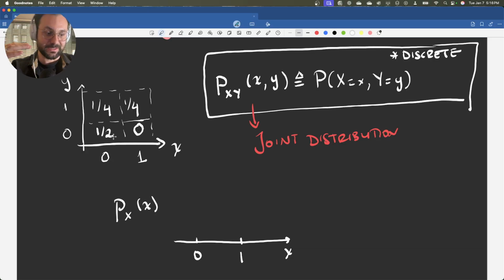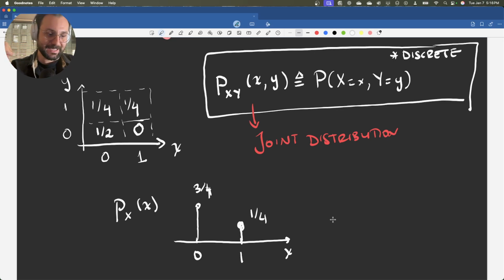The total probability that x can be 0 is 3/4, which is 1/4 plus 1/2, and x being 1 is 1/4.